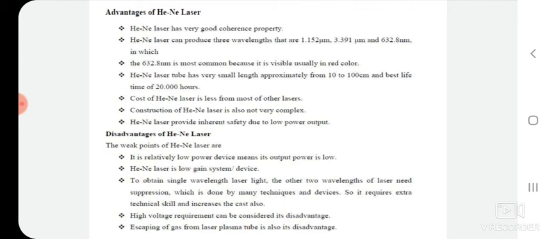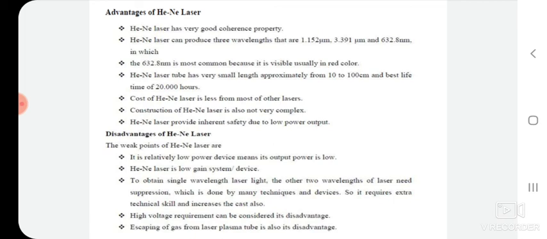He-Ne laser tube has very small length, approximately 10 to 100 centimeter, having life of 20,000 hours. And the cost of He-Ne laser is less than most of the other lasers.